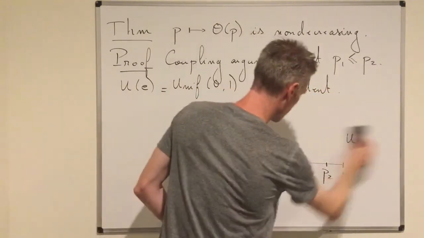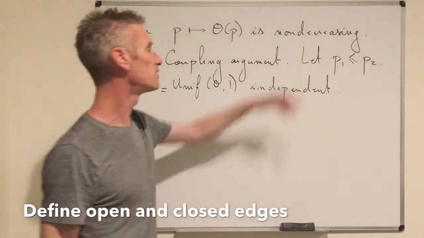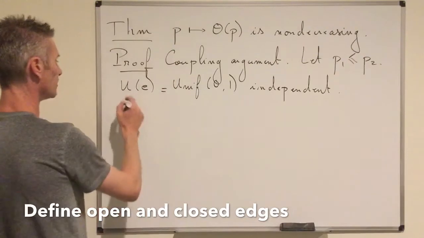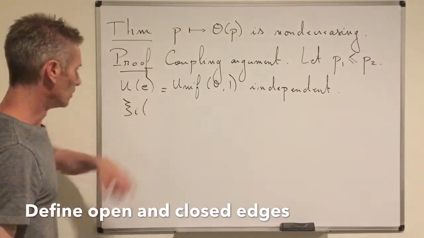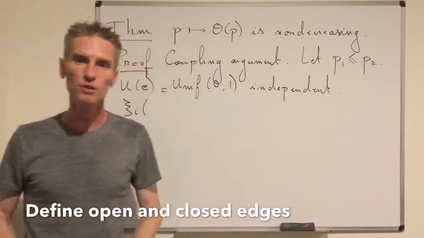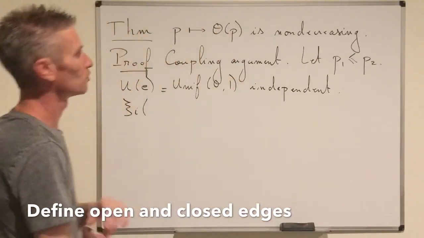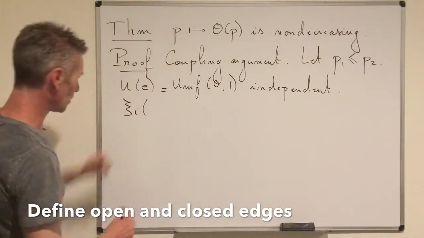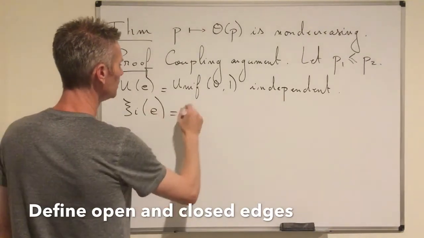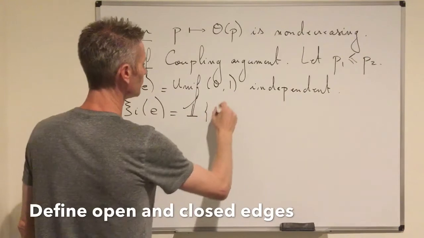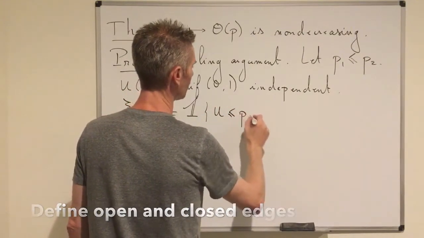And then from that we can define our collection of open and closed edges for both processes. So I'm going to do both at the same time. And so you can define Xi in general. So Xi1, that's the notation I use for the bond percolation process with parameter P1, Xi2 for the one with parameter P2, and in general we are going to say that Xi is equal to the indicator function on the event that U is less or equal than Pi.